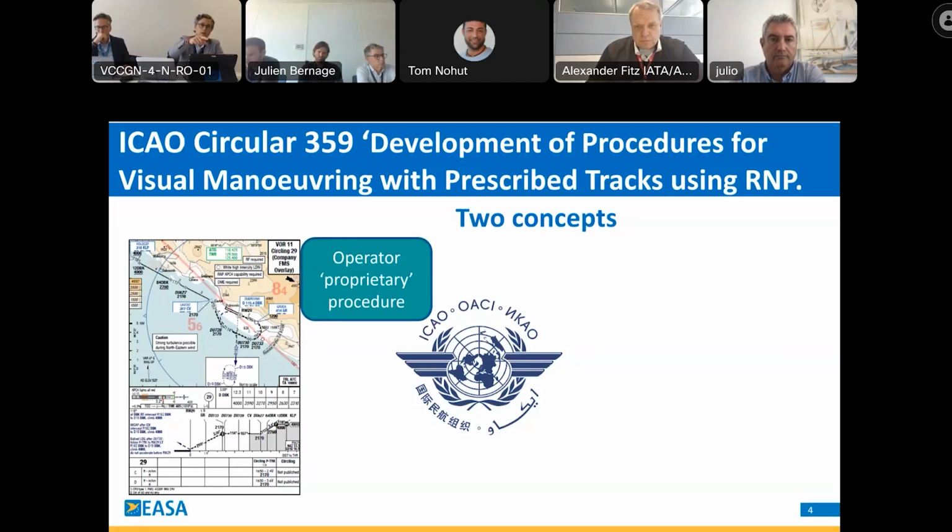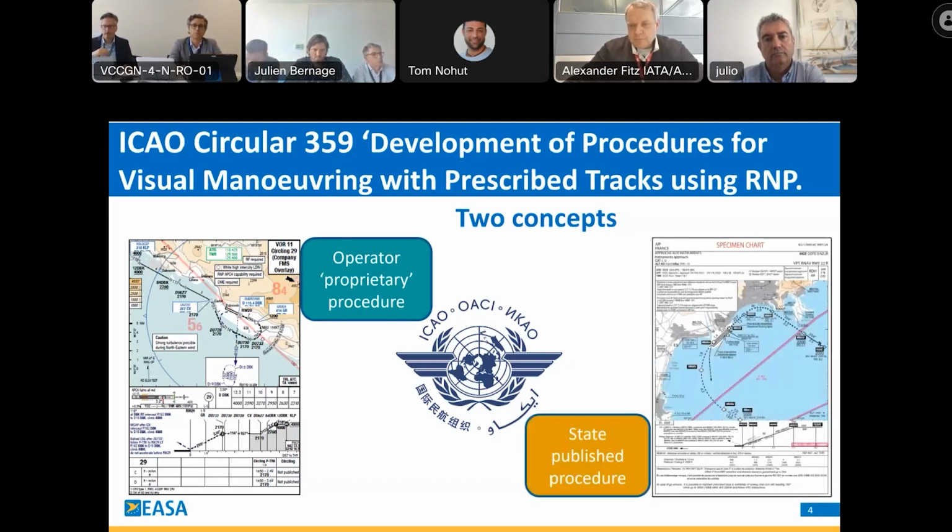We will have further explanation from Lufthansa Group and Austrian on how to develop these operator proprietary procedures. These are data protected by the operator, so not visible to the public. The next one is the state published procedure.